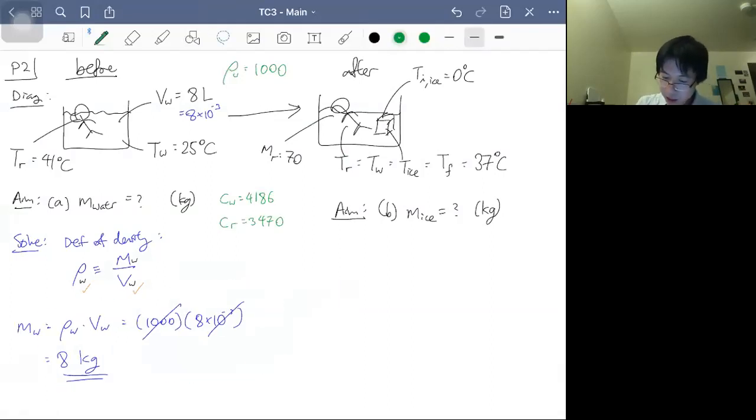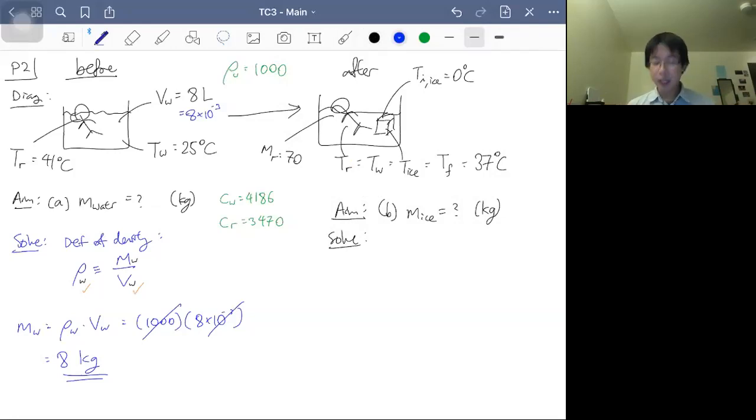Okay, so here, we're ready to solve this. Same strategy, think about relevant equations or relevant definitions. I don't think there's anything I need to define. All the variables are temperature, mass, volume. It's pretty straightforward.